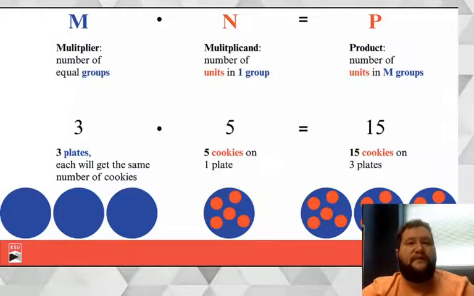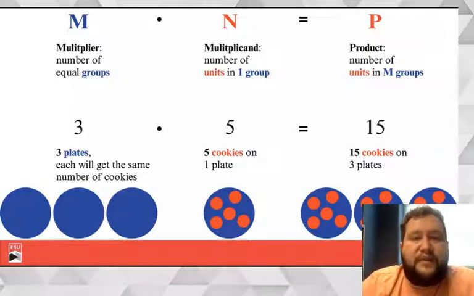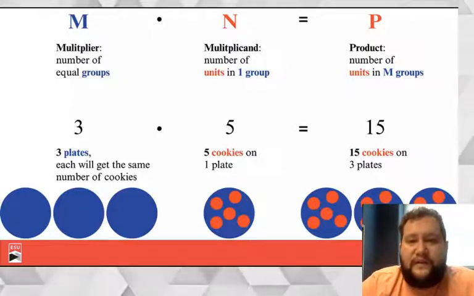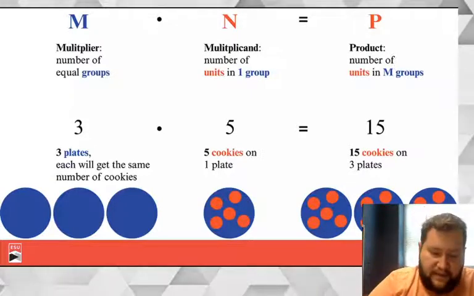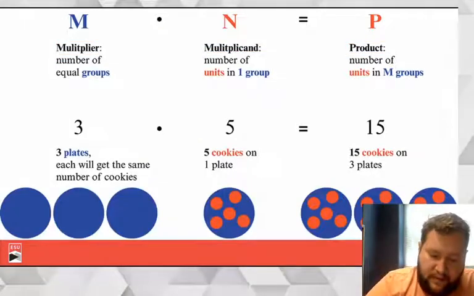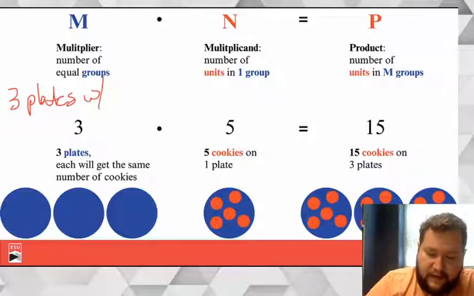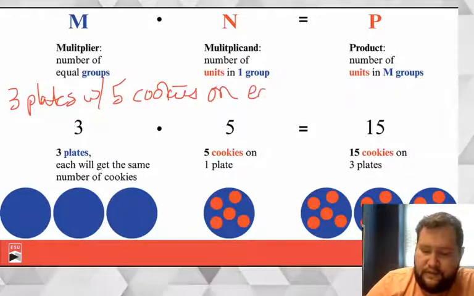When we think of 3 times 5 equals 15, you could think of this: we have 3 plates with 5 cookies on each plate. How many cookies are there in total? So we have 3 plates with 5 cookies on each plate.